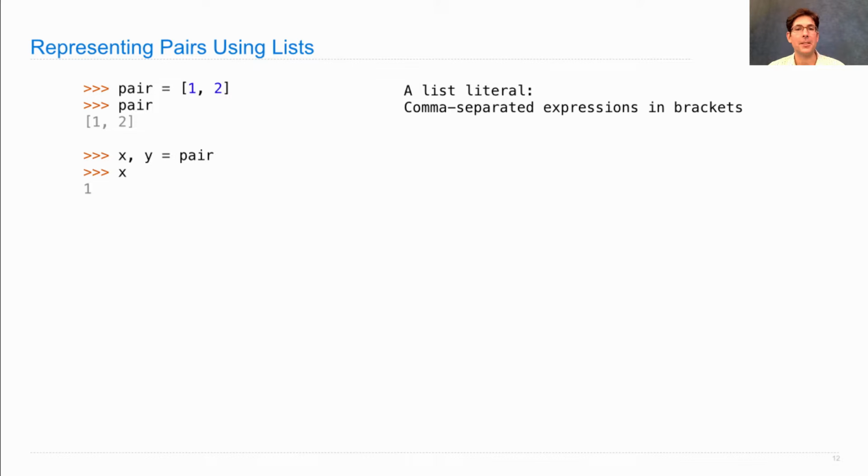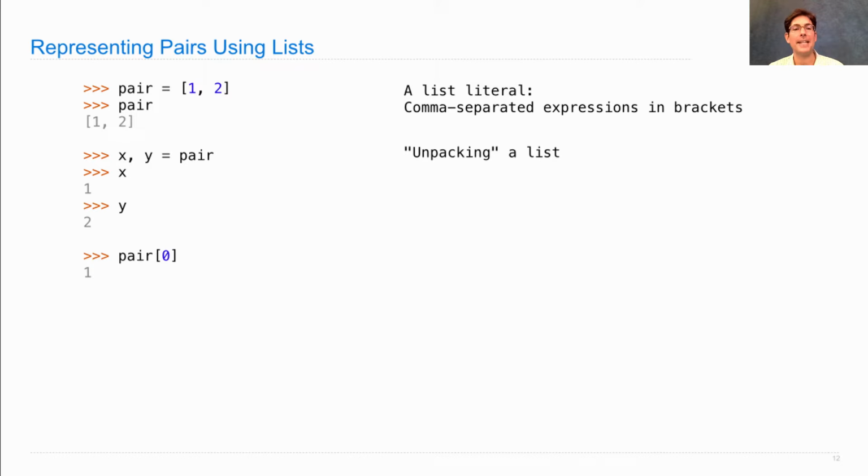After which, if I look at what x is bound to, I'll see 1, and what y is bound to, I'll see 2. That's because that's the contents of the list that I've created. So we now have a way to bundle together values and split them apart again. This is called unpacking a list.